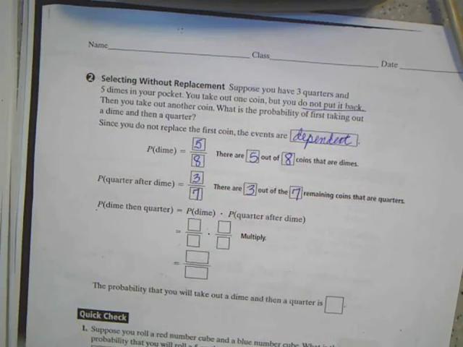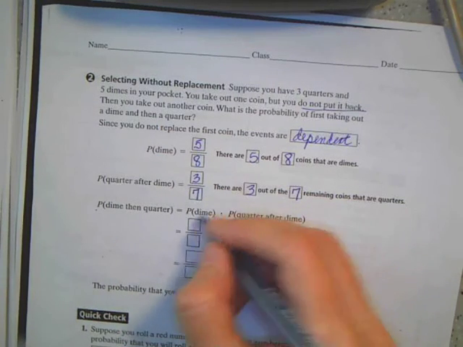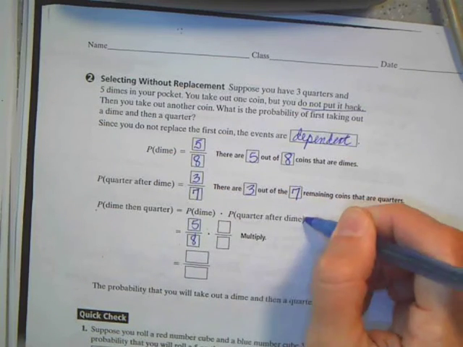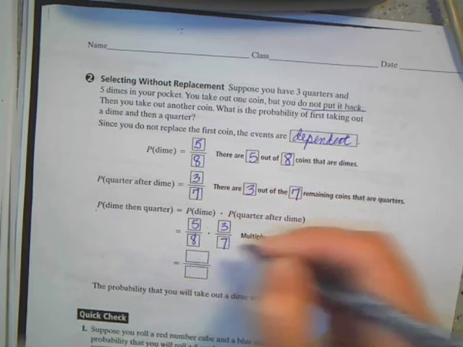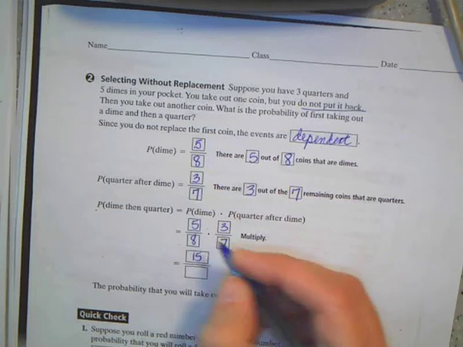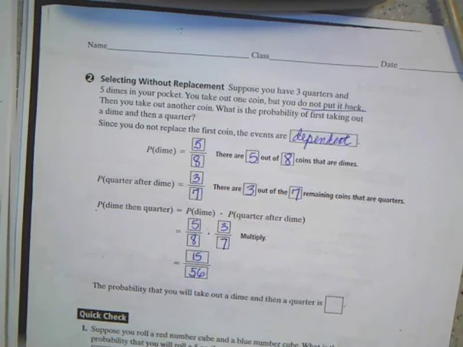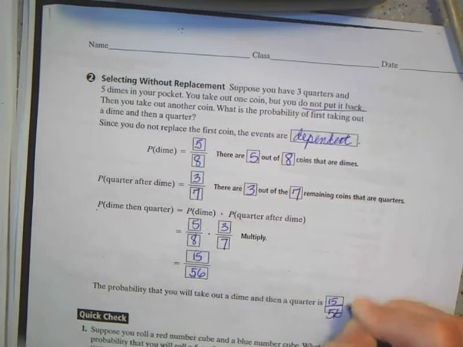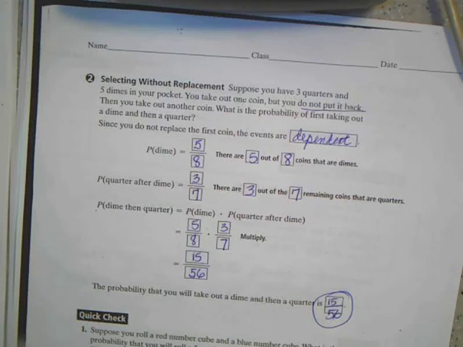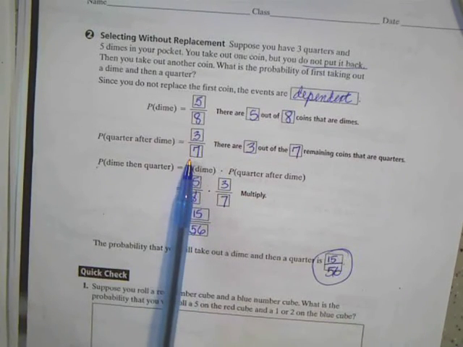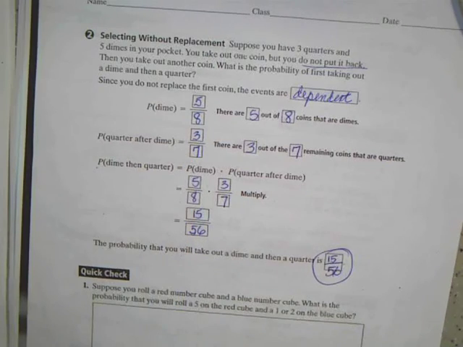So the probability of a dime and then a quarter is the probability of a dime, 5 out of 8, times the probability of drawing a quarter after you've drawn a dime, 3 out of 7. Nothing to cross cancel. 5 times 3 is 15. 8 times 7 is 56. So the probability you will take out a dime then a quarter is 15 out of 56. Okay? And again, those were dependent because your sample space changed in the second probability because the coin was not replaced.